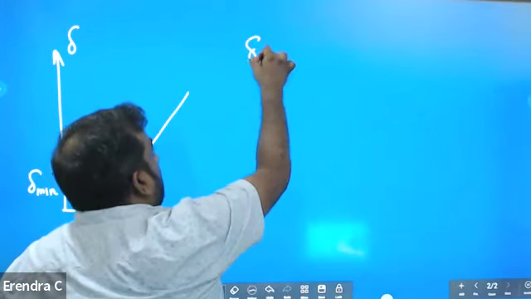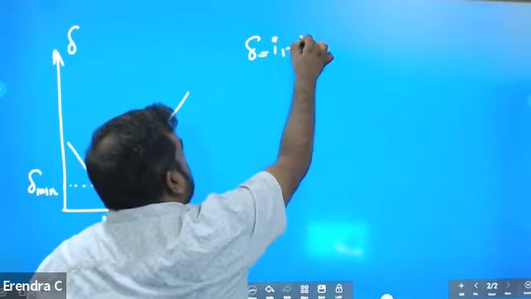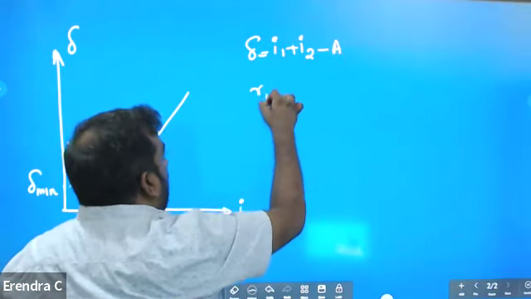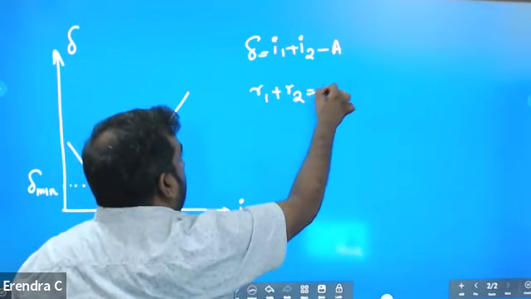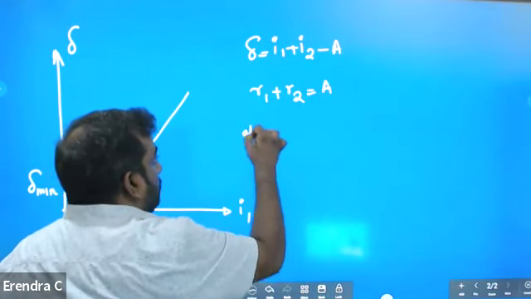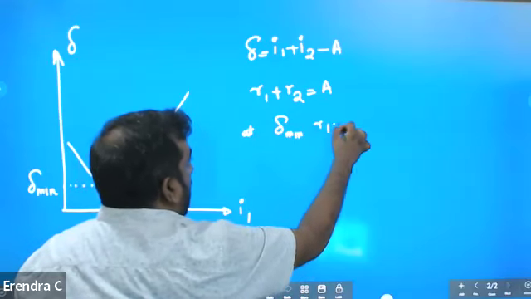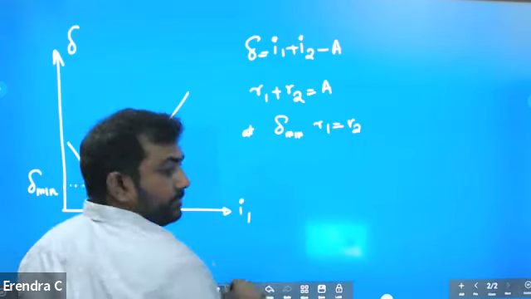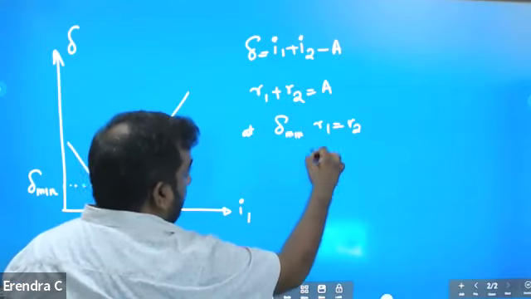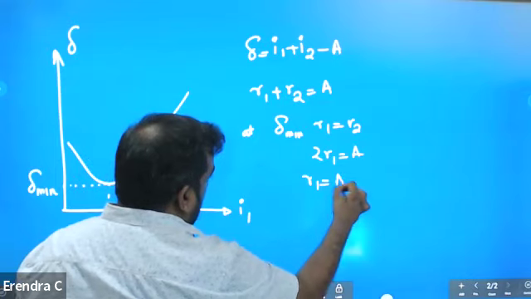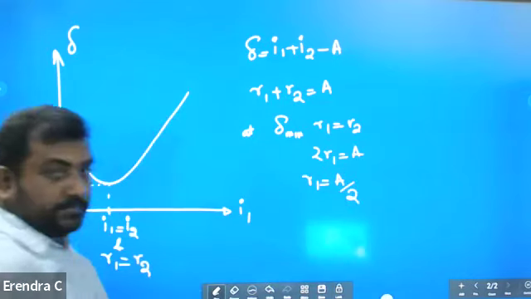So delta is equal to I1 plus I2 minus A, and also R1 plus R2 is equal to A. So at delta minimum, R1 equals R2, which means 2R1 is equal to A. R1 is equal to A divided by 2.